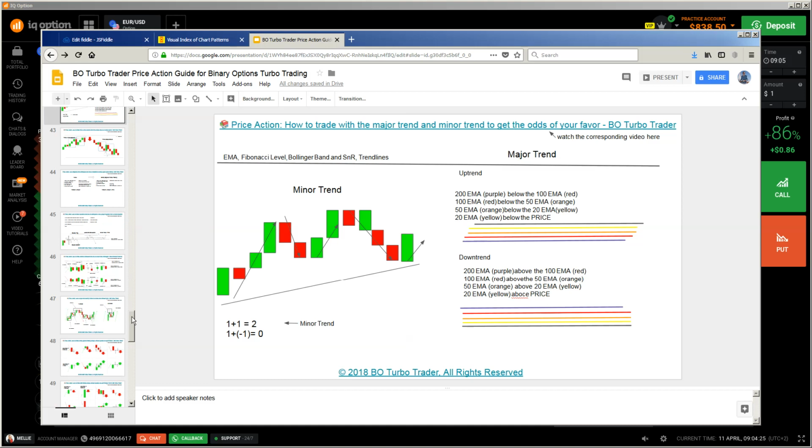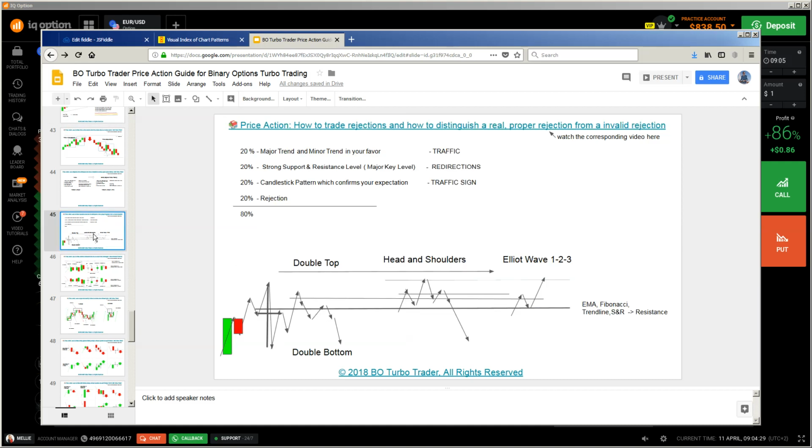So then, important is also this video about rejections, where I have clarified again the most important parts of a good trading setup: the trend, this major key level, the candlestick pattern, and the rejection. And the last 20% are luck, because everything can go wrong.